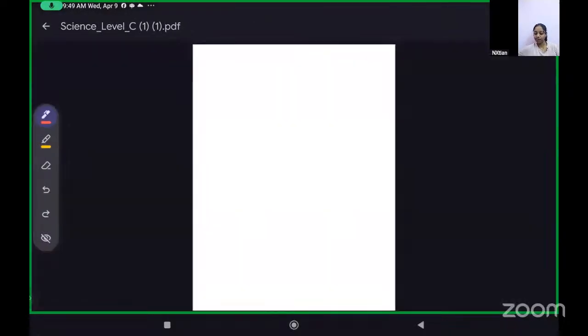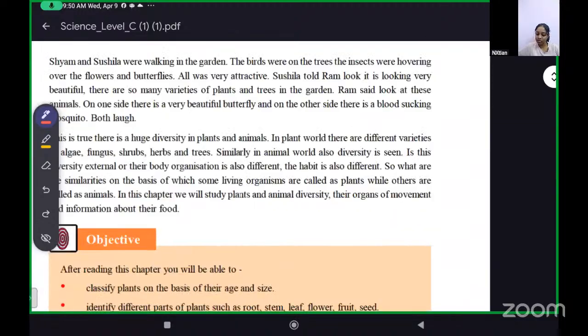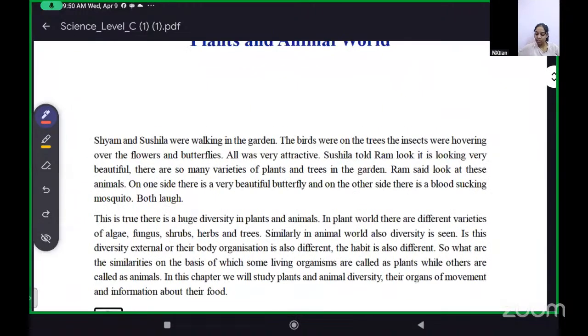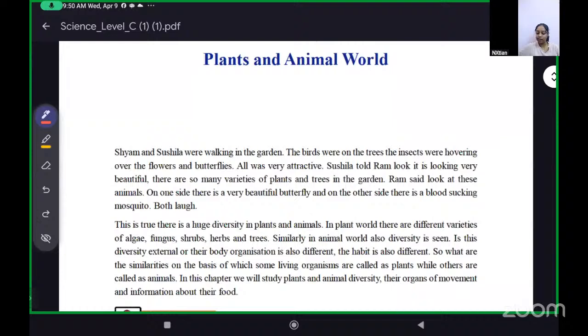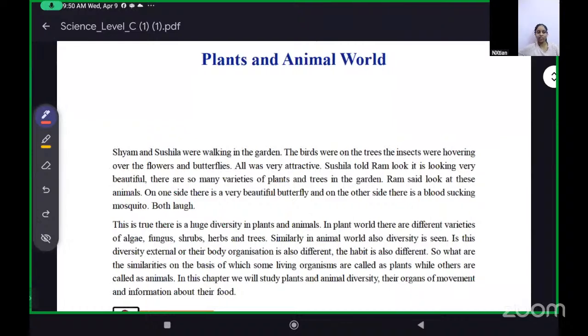Now, plants and animal world, when we talk about it, is a very diverse topic, because there is variety in types of plants, kinds of plants all around the world. Same with animals, different types of animals, different types of organisms.